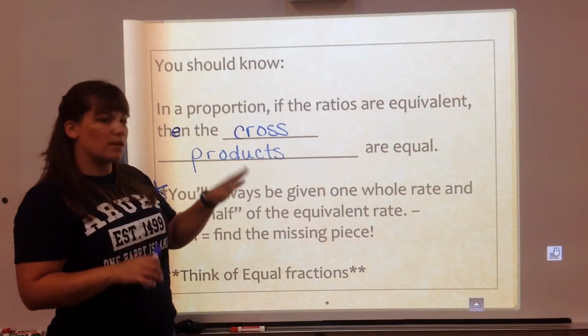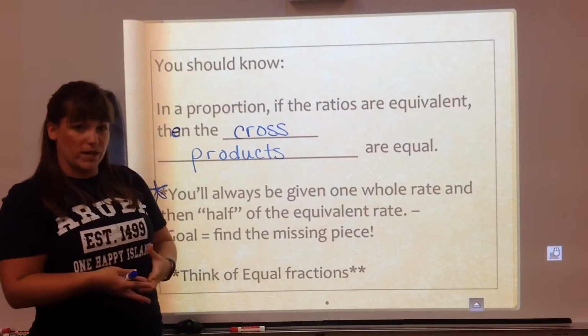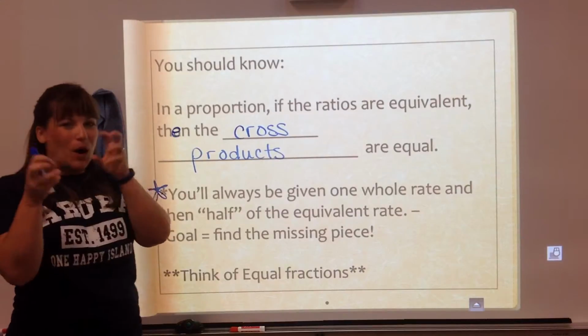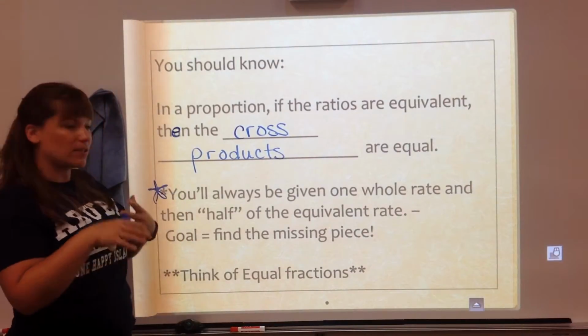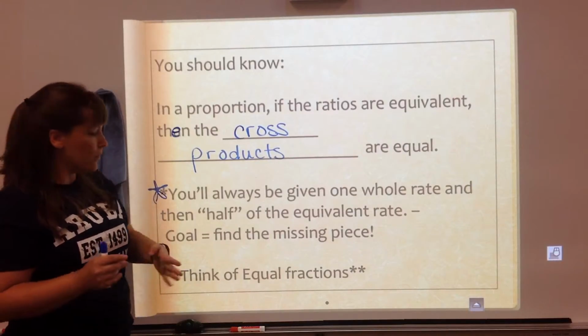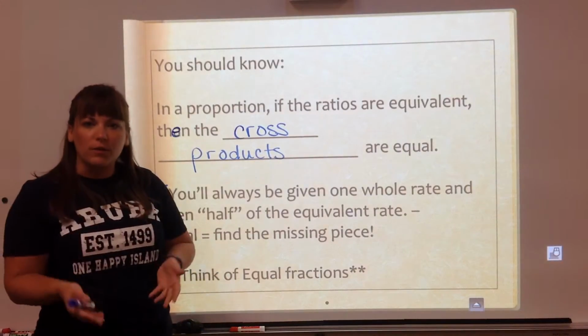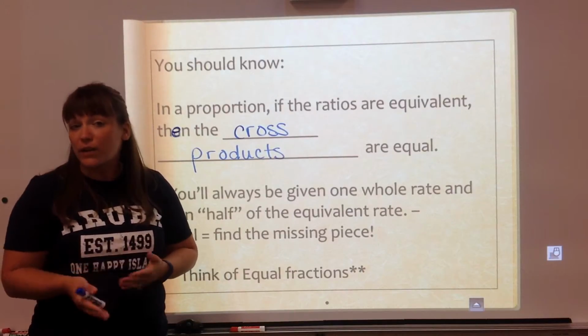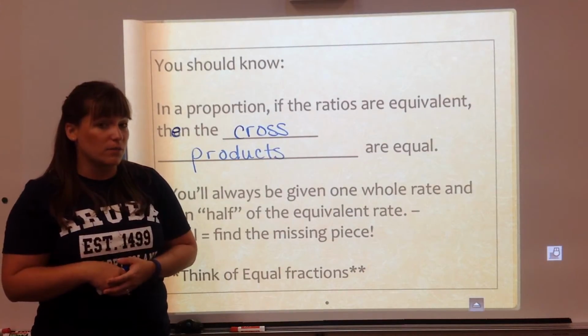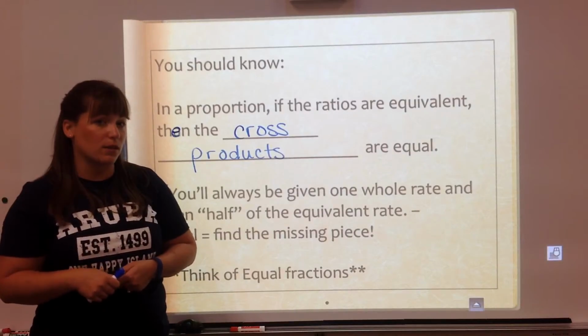You'll always be given one whole rate, and then part or half of the equivalent rate, and be asked to find the missing piece. And I want you to think about all we worked hard with practicing on equivalent fractions with the lesson beforehand. We're going to need that skill as well.